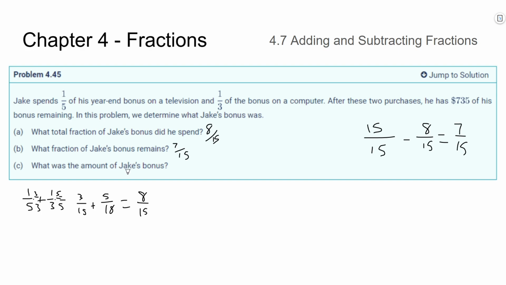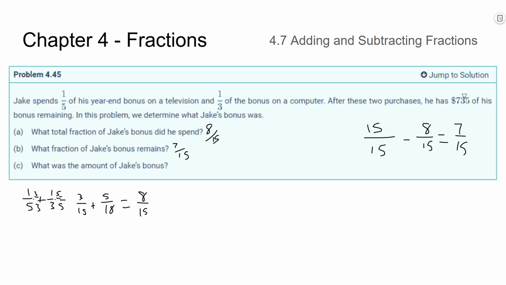Okay, what was the amount of Jake's bonus? All right, so let's see if we can come up with an equation here. He had $735 left.